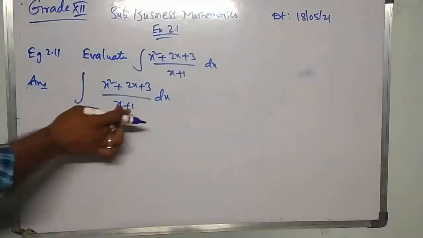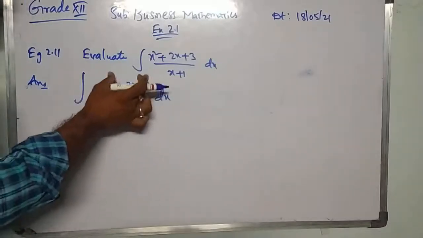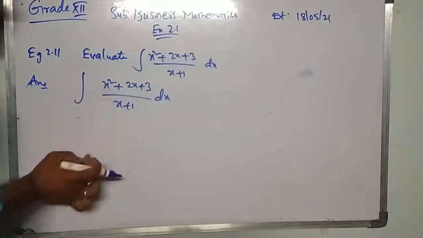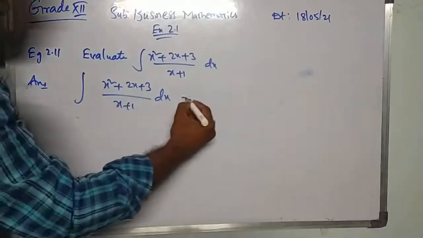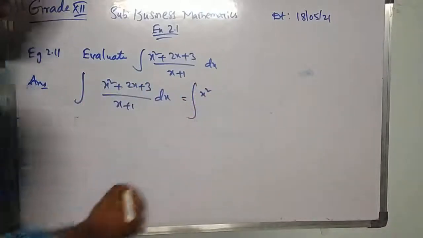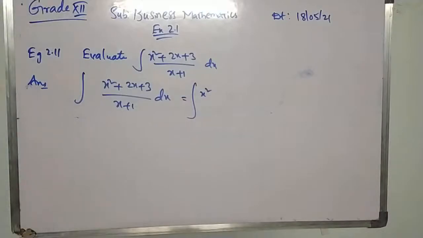Now if you observe, in the denominator there is a binomial, so definitely we have to do division of this quadratic polynomial by the linear polynomial. For that, first let us try to split this.